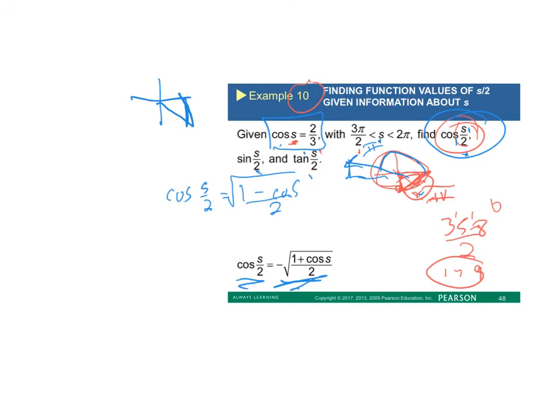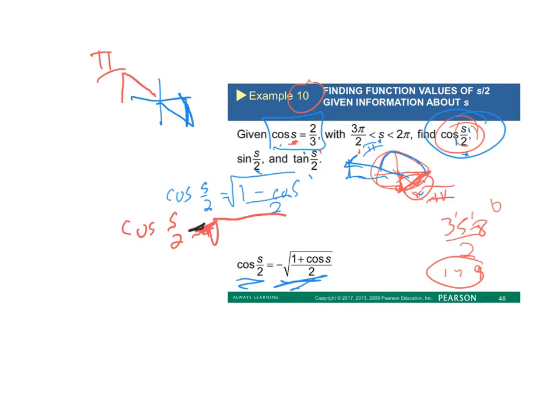Let's plug in the answers. The cosine of half of S will be square root, and it's going to be positive because we're in quadrant 4, and half of that, I'm sorry, I just lied. Half of that is in quadrant 2, remember? So it's not going to be positive, it's negative. Cosine's negative there. I almost messed up, see?